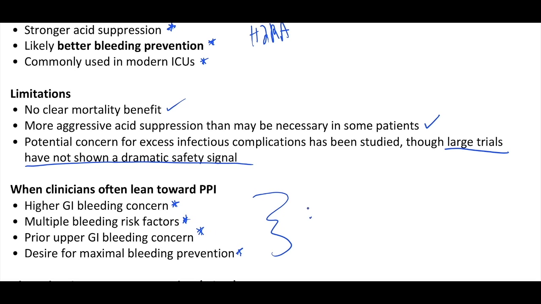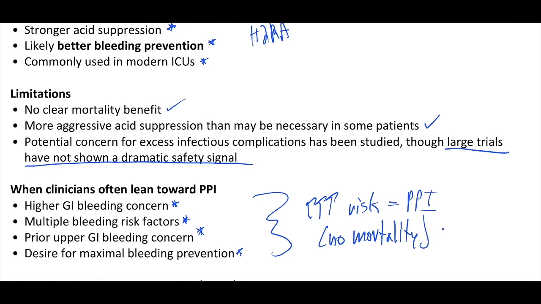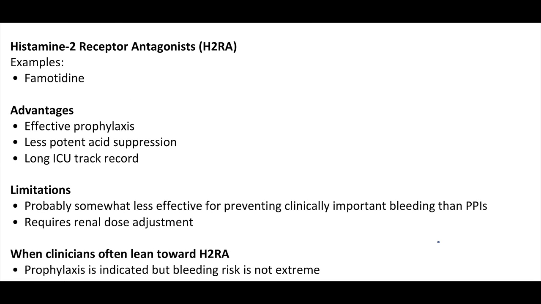Those at a really increased risk, consider going with a PPI rather than an H2 receptor antagonist, but just know, per the trials, there's no mortality benefit to doing this. And there are some folks who think that the PPI might increase your risk for infectious complications, although, again, trials don't support that.